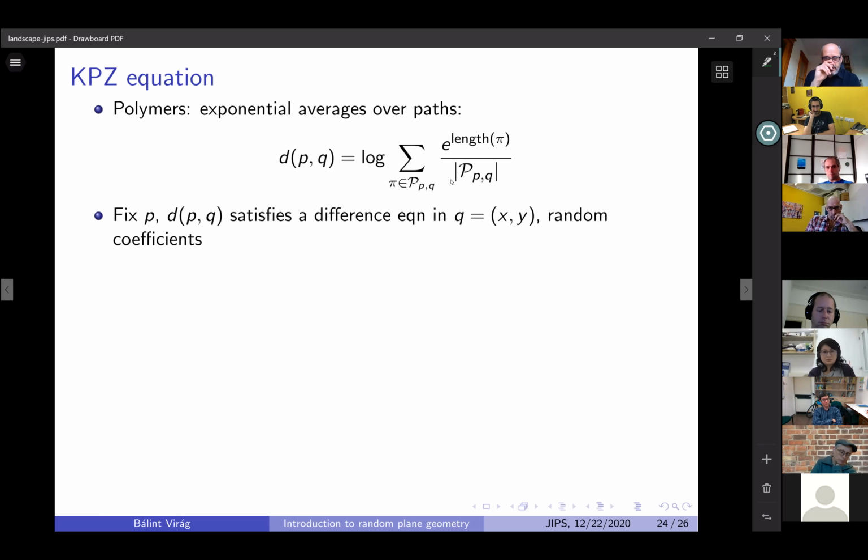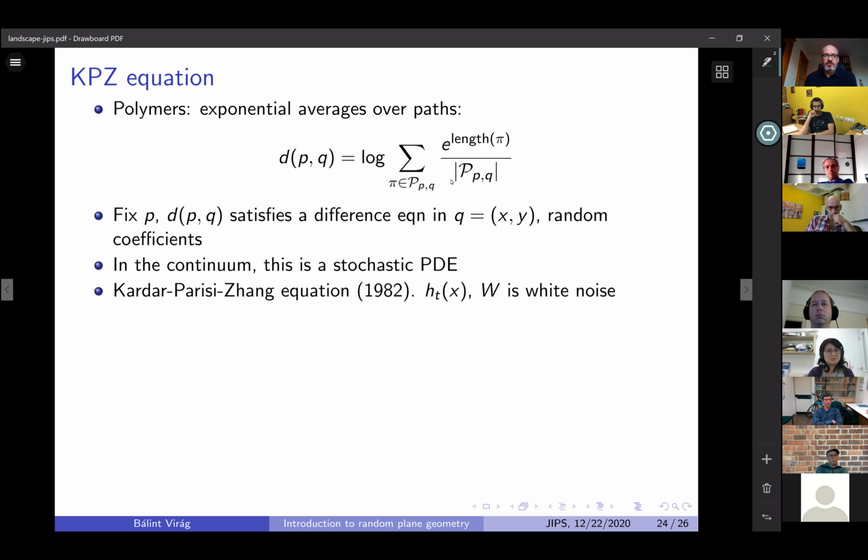If you fix the starting point of the path, then this distance as a function of the endpoint satisfies a difference equation. It's easy to figure out: it's just how it changes when you add a little bit of randomness. It's a difference equation in two dimensions, because the endpoint lives in two dimensions, and you can take a continuum limit of that, and you get the stochastic PDE.